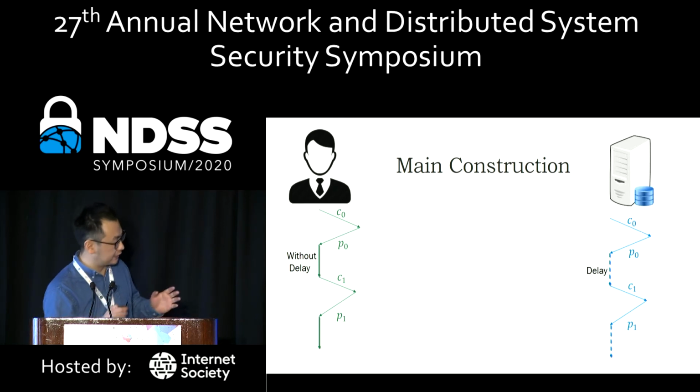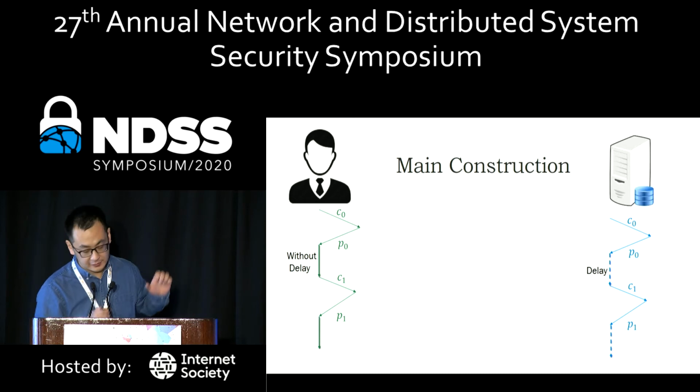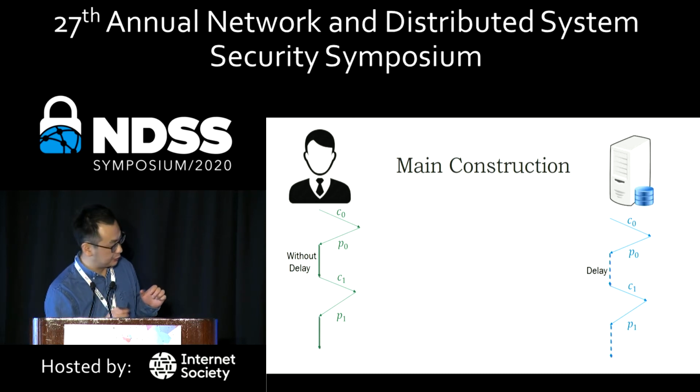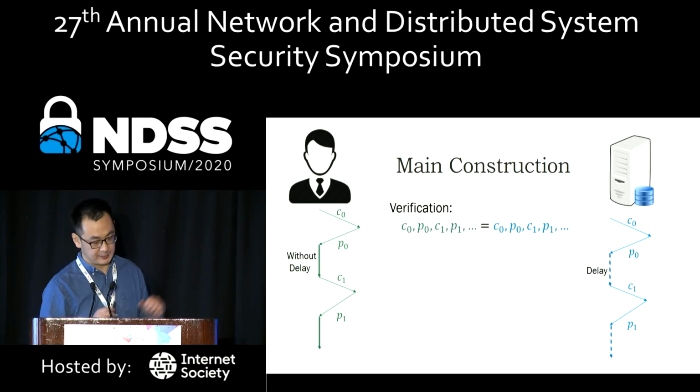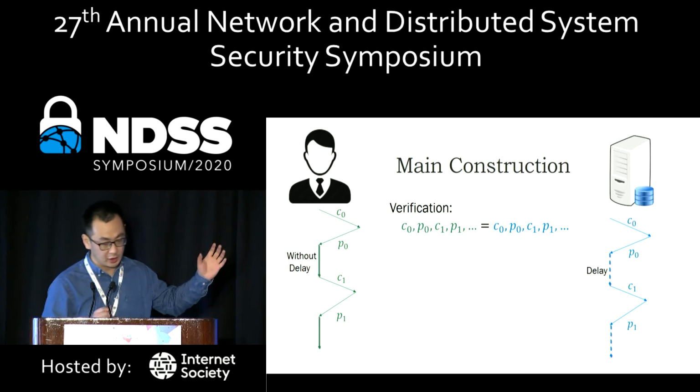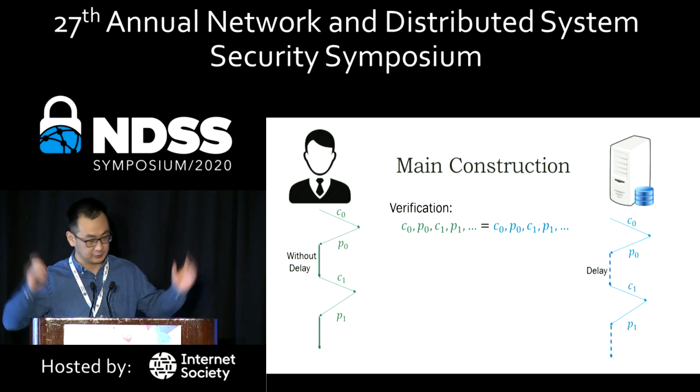The only difference is that since the data owner has the trapdoor, there is no delay between two PORs. There's no delay, yeah. So the verification should be simple. We just have to compare the POR computed by the data owner and the POR computed by the server.